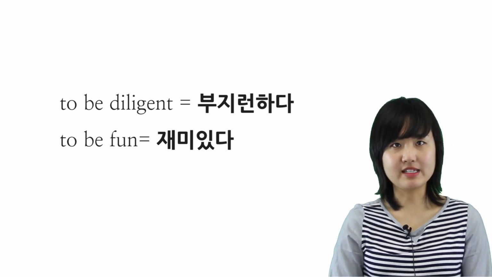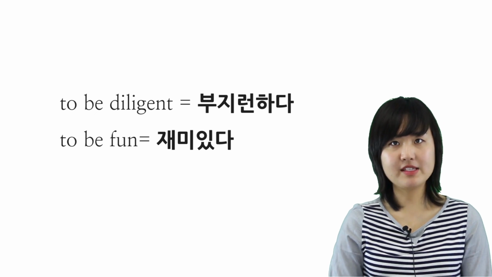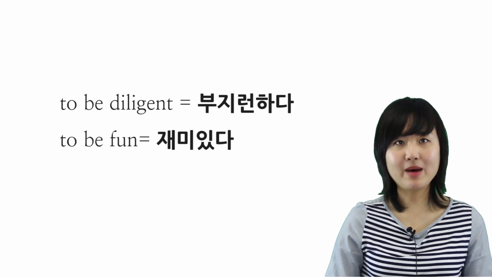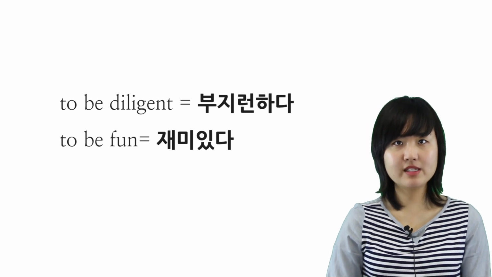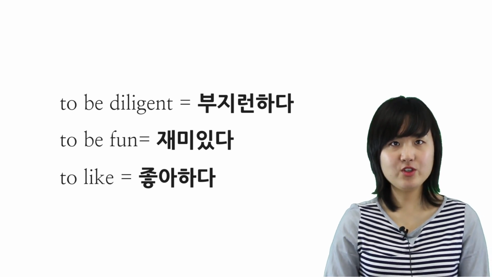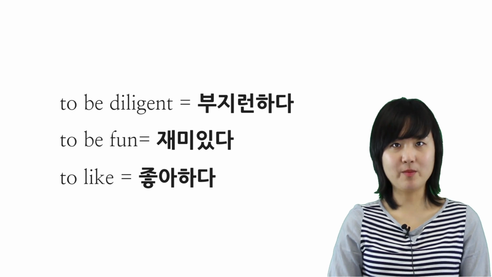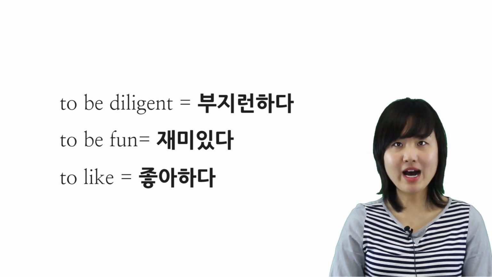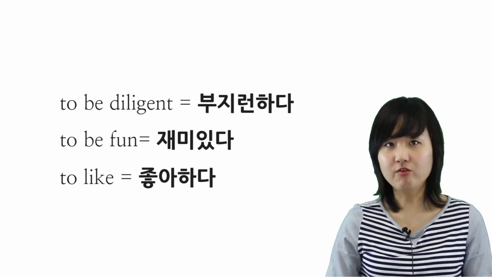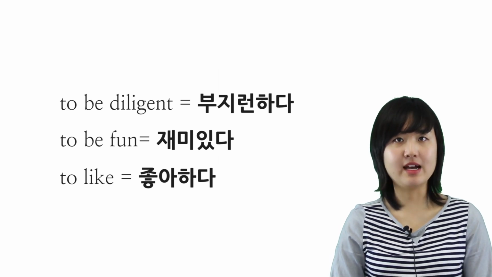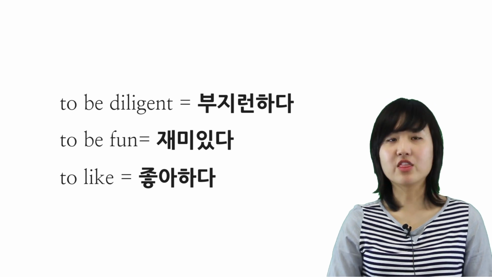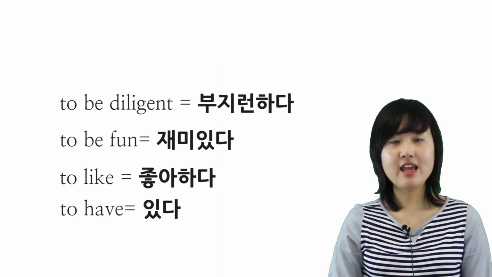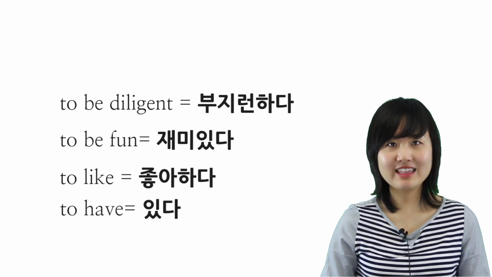From the third sentence, the phrase that modifies something is that my mom likes. From this sentence, the verb is likes, and we need to change it to the Korean verb form, which is 좋아하다. The fourth sentence is the same as the third. That has a lot of space. The verb is has, and in Korean it's 있다.